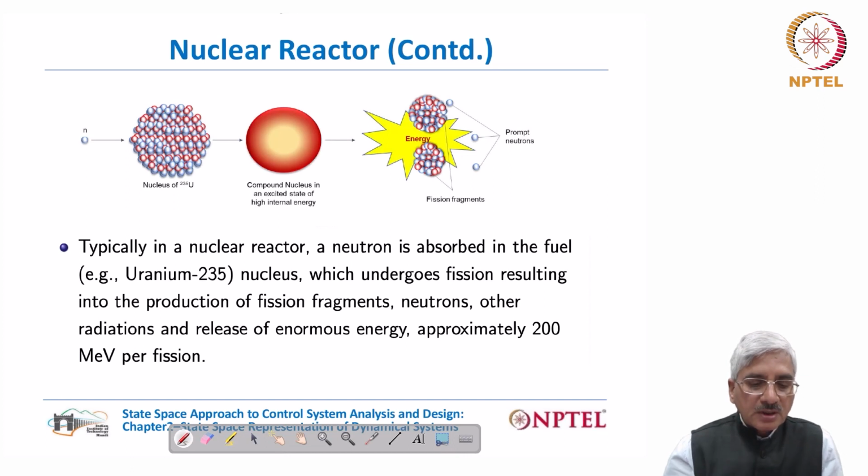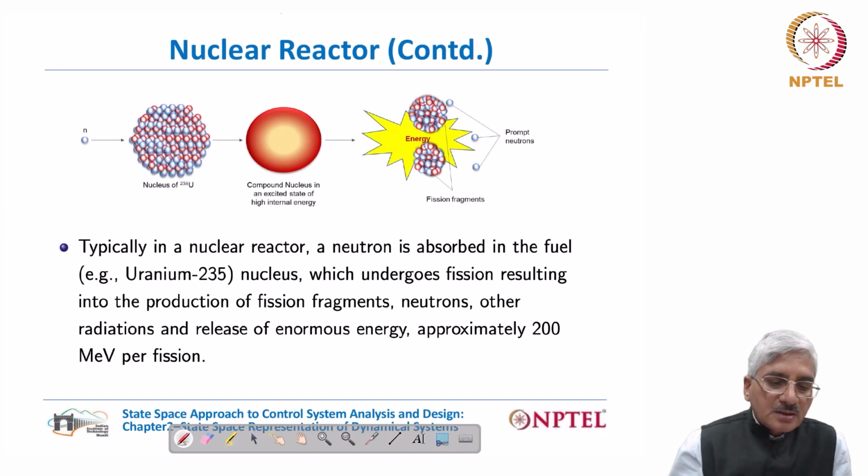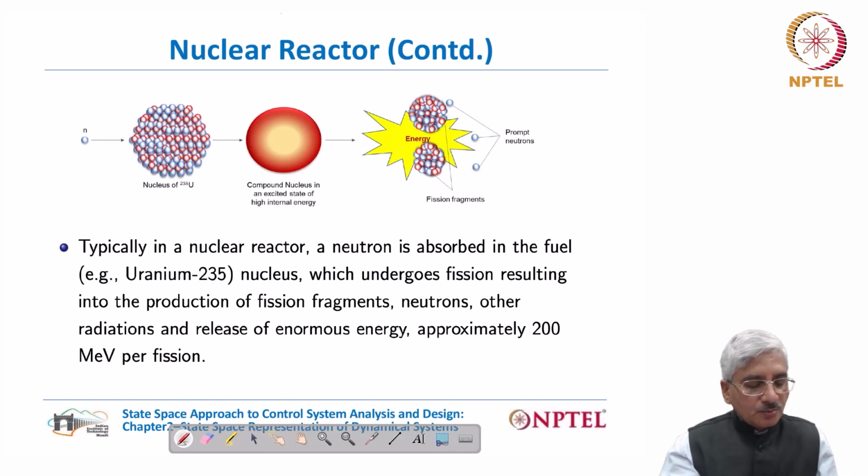To introduce a little more, this diagram explains the fission event. So we have nucleus of uranium-235.